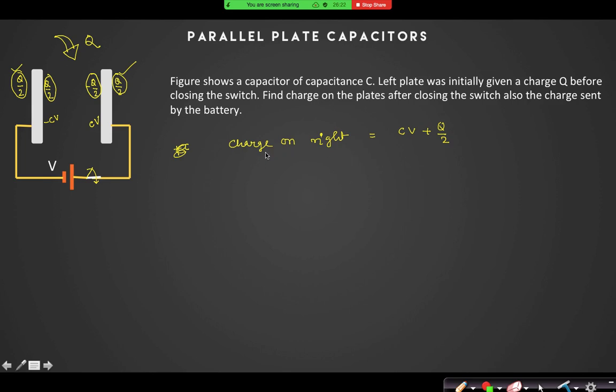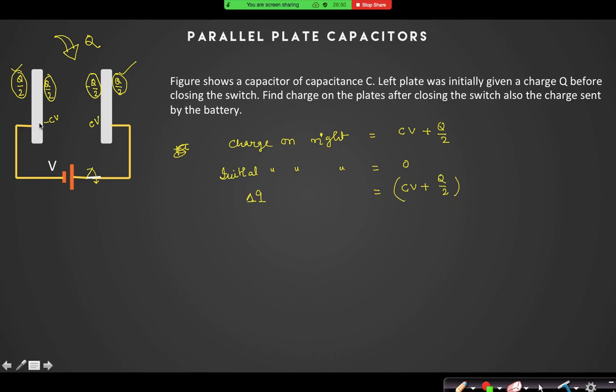And what was the initial charge on the right plate before closing that switch? 0. Yes, initial charge on the right plate was 0. So what is the delta Q charge sent by the positive terminal of the battery? CV plus CV plus Q by 2, right?